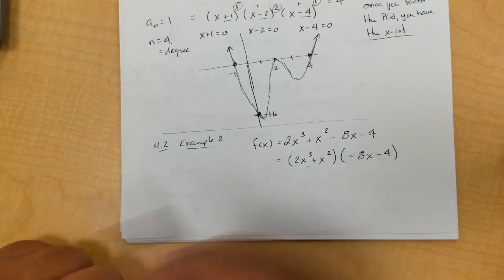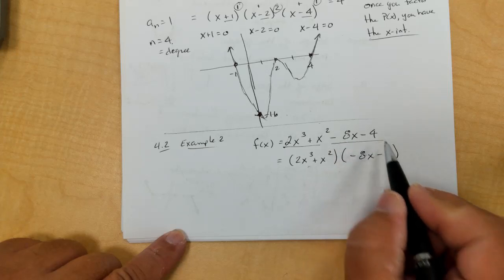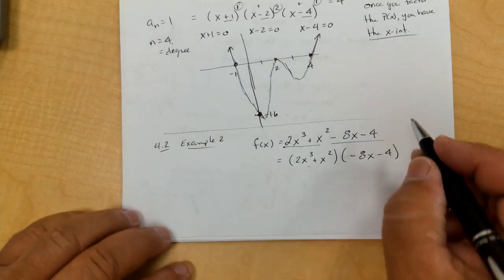Put a parenthesis around the first 2 terms, and a parenthesis around the second 2 terms. It's called grouping.